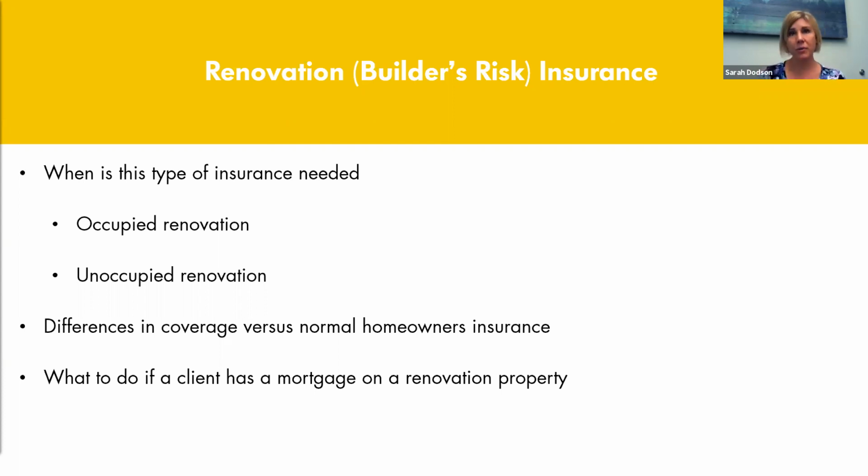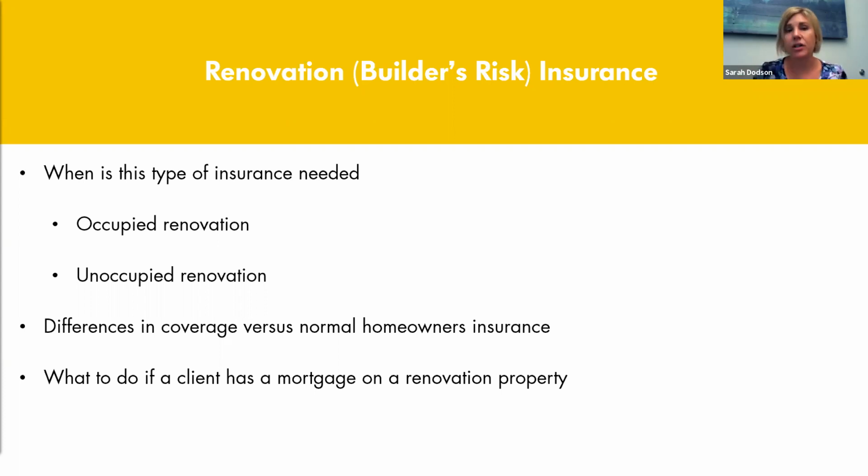A problem you can run into with that is the premiums are usually higher because they're at a higher risk and more susceptible to damage. But typically what happens is we will write that policy for a full year. Let's say the renovation is only slated to take 6 months.